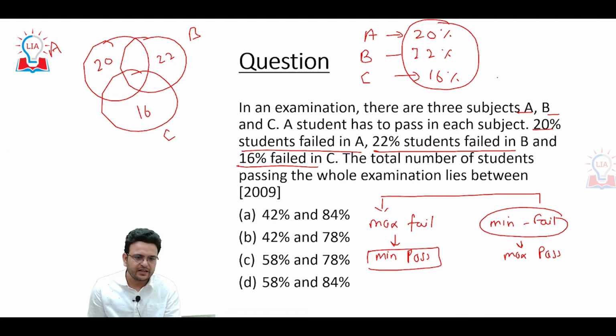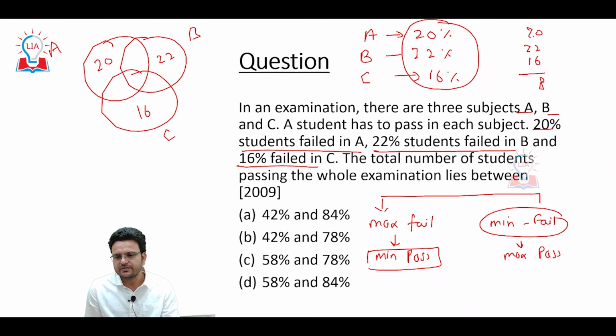So maximum fail will be 20, 22 and 16, which becomes 58.